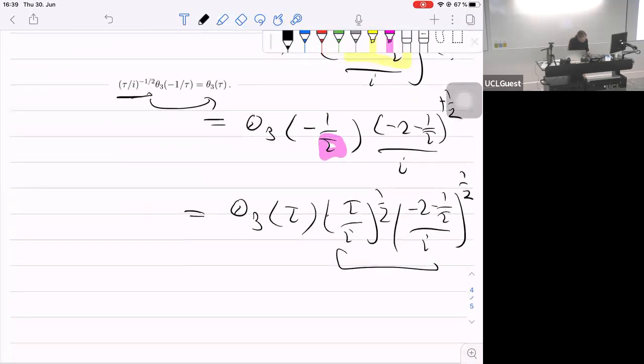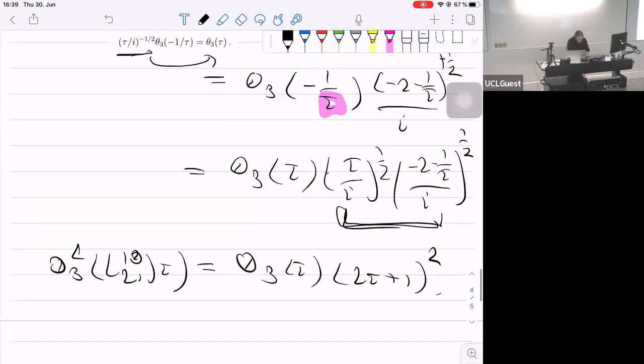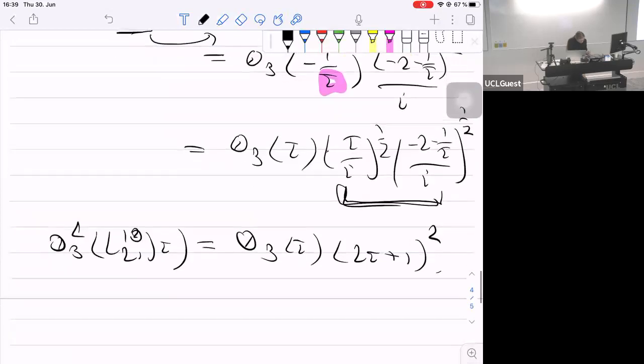Now just take the 4th power of everything. And then if you simplify all of this, it should come out to be (2 tau plus 1) squared, which is then exactly the factor c tau plus d for that matrix.